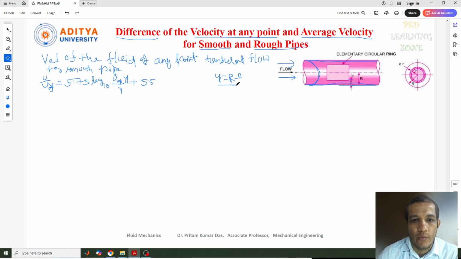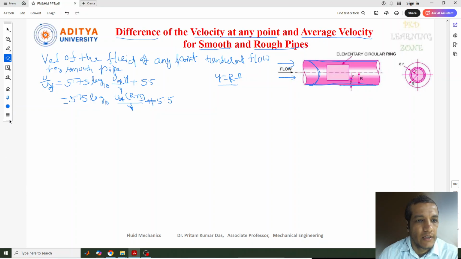So this is y, and we can put it in: u by u star equals 5.75 log 10 of u star into (capital R minus small r) divided by nu, plus 5.5.